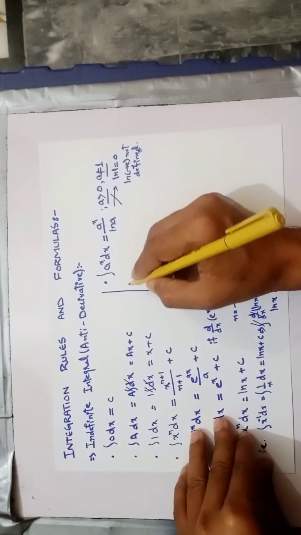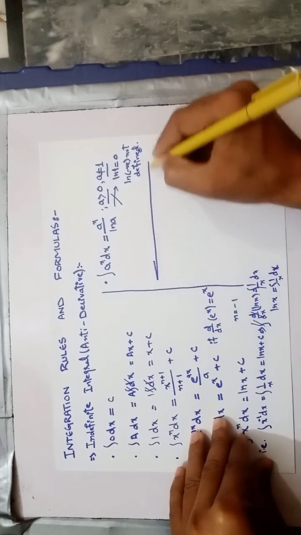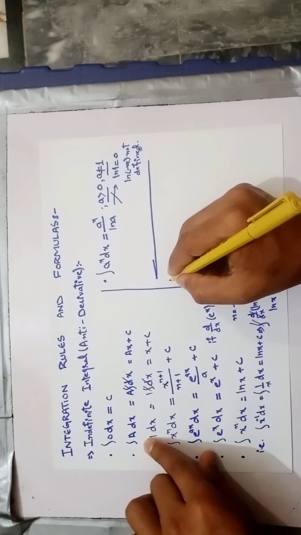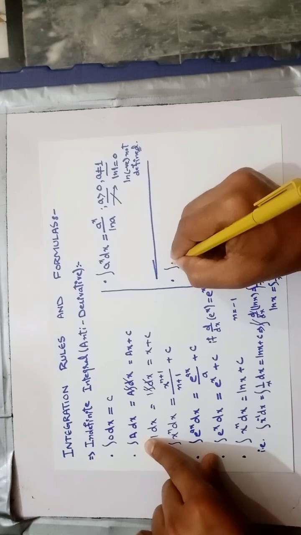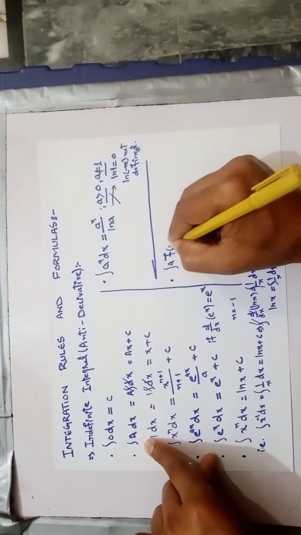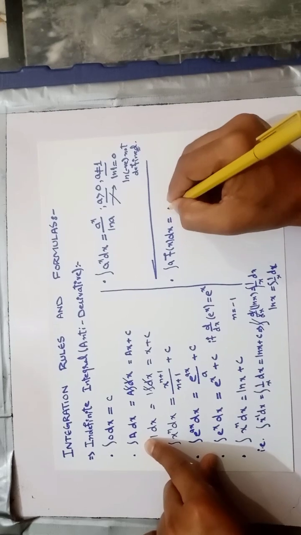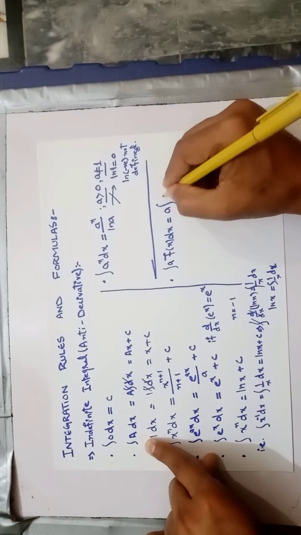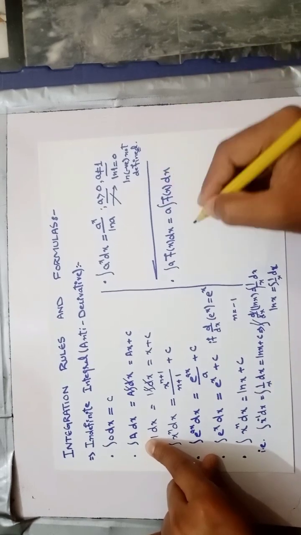Now there are some more formulas which we need to discuss. These are the basic formulas, and as we discussed before, if there is an integration of a constant times a function, then remember that the constant comes out of the integration, and we can integrate the function individually.